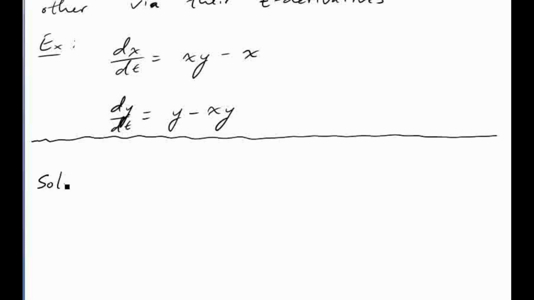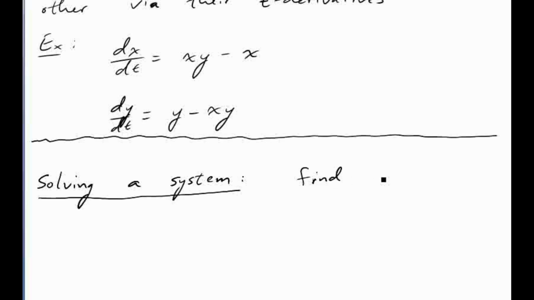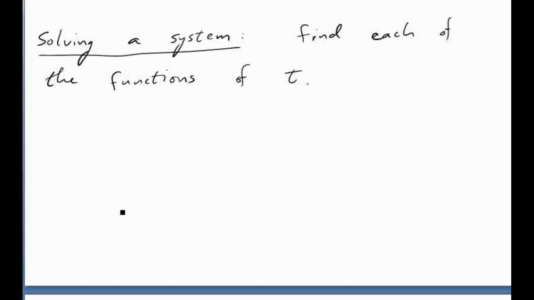So solving a system means find each of the functions of t. So in particular, you'll have as many components to the solution as you have functions in question here.